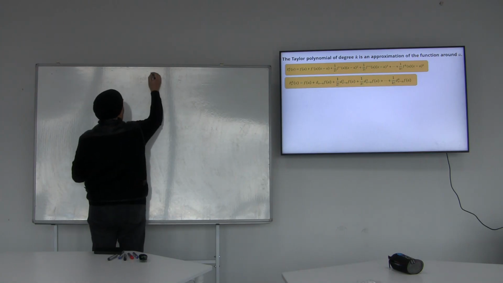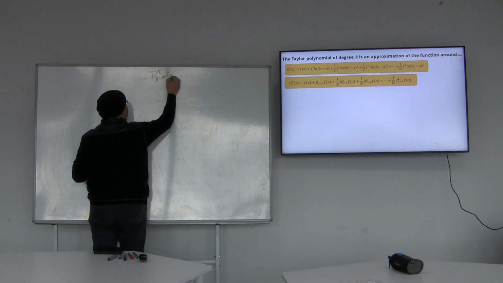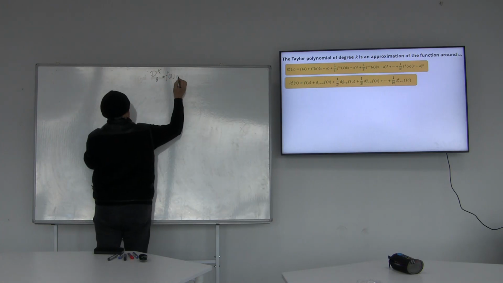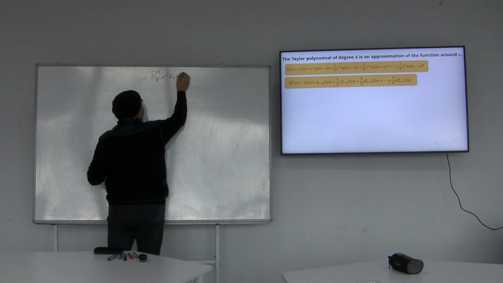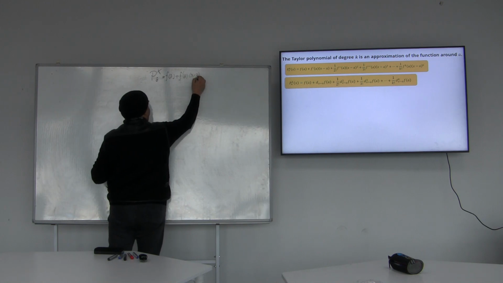So I can say that for the polynomial B of order k around the point a, it is f at a, plus, if I don't write the derivatives directly, f dash of a times x minus a.